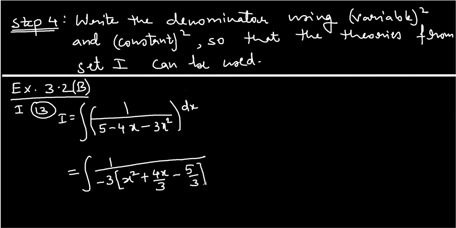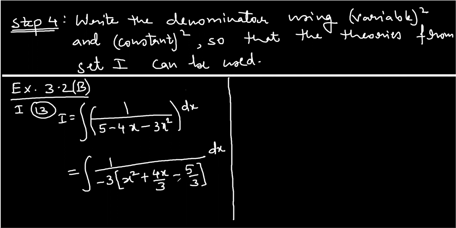Why will the sign become negative? Because I took negative 3 common. Now 5 being a positive number, I get a negative sign here and upon 3. So the first step is over. What is the first step? Make the coefficient of x square equal to 1.